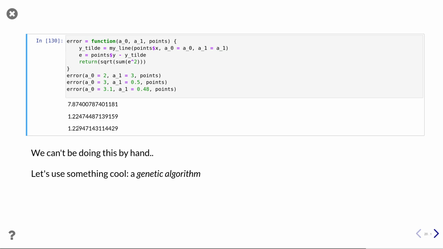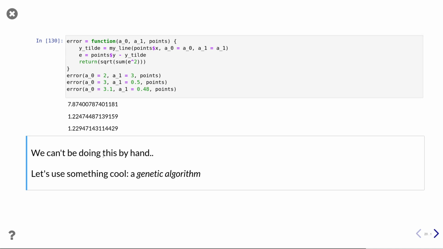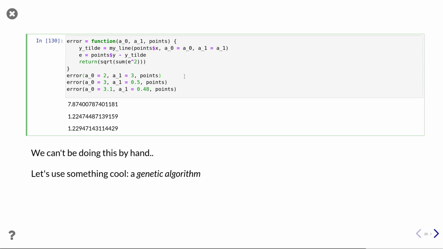Well, you can see that actually it's not bad, but it is bigger than the one we have. And as I already pointed out, it turns out that almost randomly I picked the optimal solution here, but never mind. The important thing is we can't be doing this by hand. You imagine yourself doing this repeatedly, typing away on your keyboard at different values and checking which one is smaller.